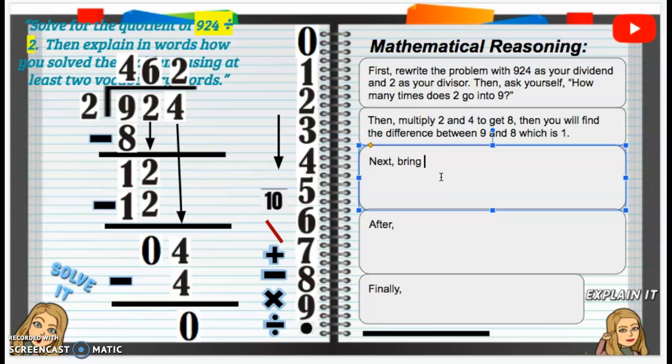So next, bring down the next digit, which is 2, and ask yourself, how many times can 2 go into 12?